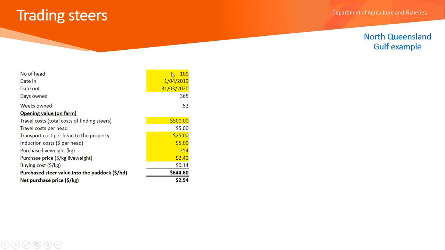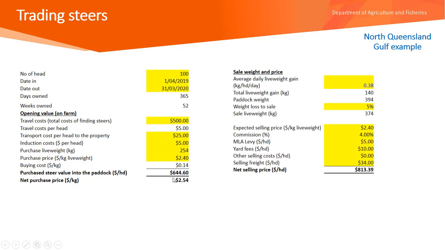So we decided how many head we're going to have, how long they're going to be there, the costs, the landed price on the property, and then we decided how much weight they're going to put on and what they would be worth at the end of the period.